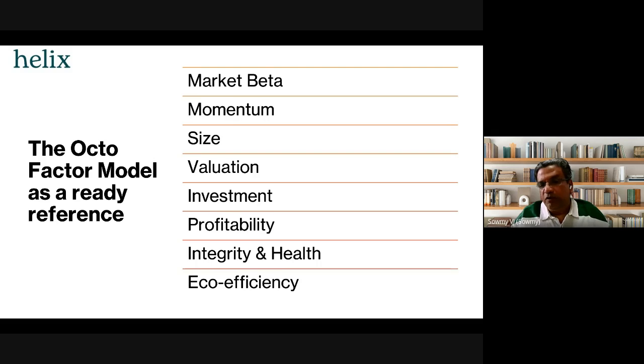Now, what we're going to do is touch upon valuation and eco-efficiency, because these two are very, very interrelated. One feeds into the other, and the other relates to why certain narratives are being said in the market.